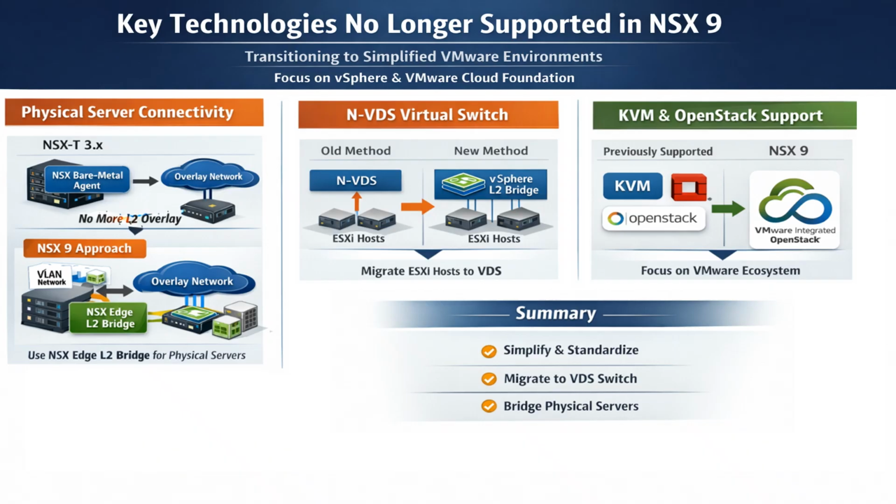So before upgrading to NSX 9, administrators should prepare their environments carefully, which includes migrating host networking to VDS, redesigning physical server connectivity using Edge bridging, and ensuring that all workloads run on supported vSphere infrastructure. By planning these changes in advance, customers can move to VMware Cloud Foundation 9 smoothly and benefit from a unified, secure and efficient private cloud platform.